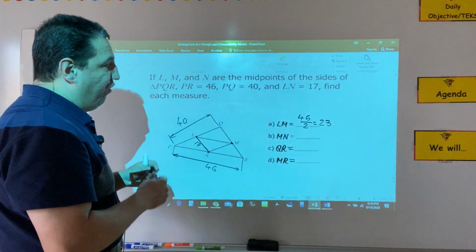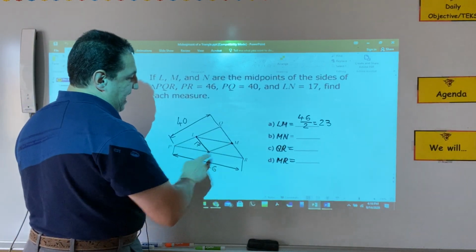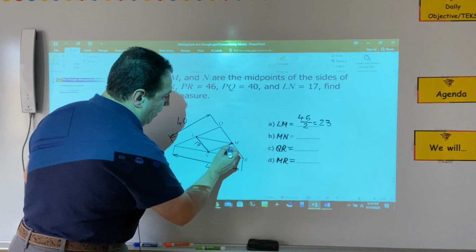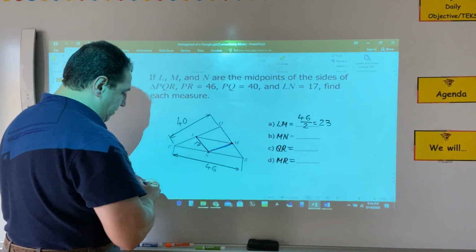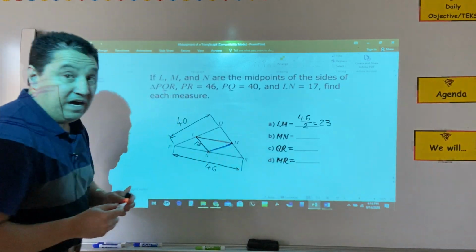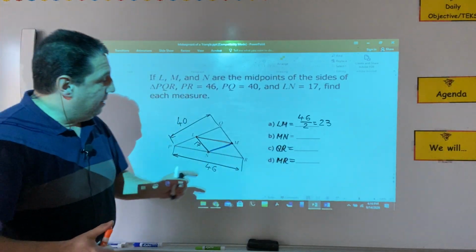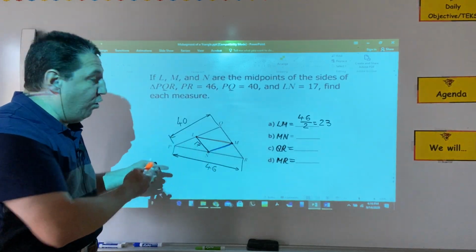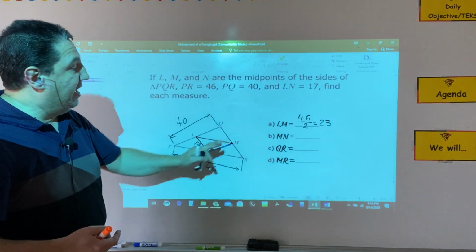Now, let's find the length of MN. MN is another mid-segment. Why? Because L, M, and N are midpoints of the sides.